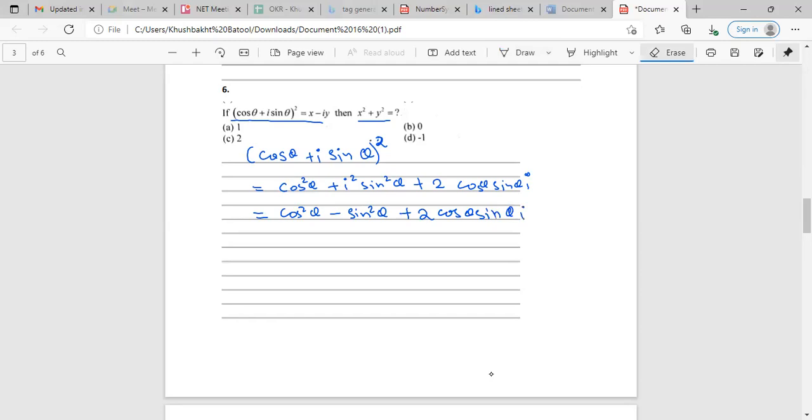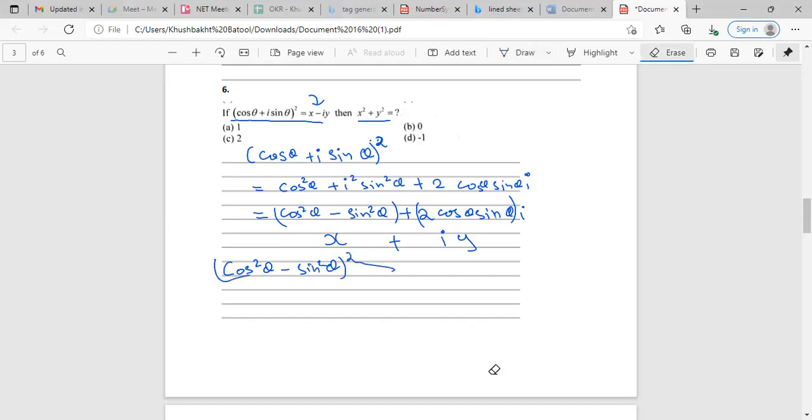Okay. So I am done with the left hand side. Now this is basically equal to x plus iota y, right? I need to compare it with x plus iota y, and after my comparison I can clearly see that x is basically this part and y is basically this part. So here they want us to find x square plus y square. Let's just write down x square. So x square is going to be cos square theta minus sine square theta whole square, right?